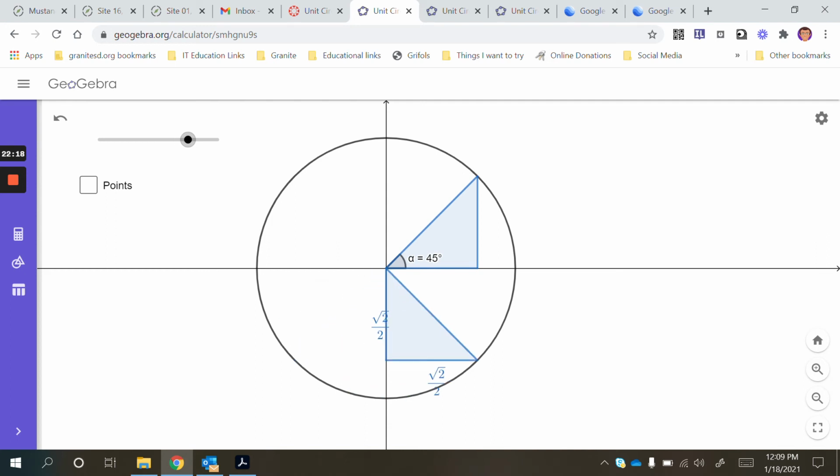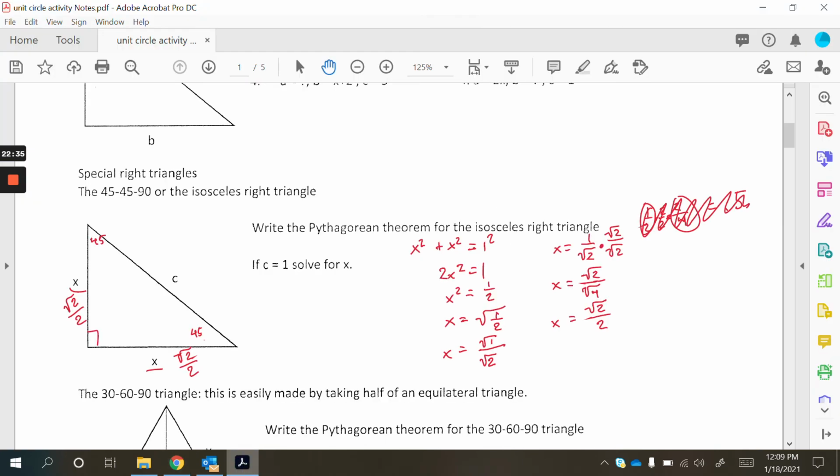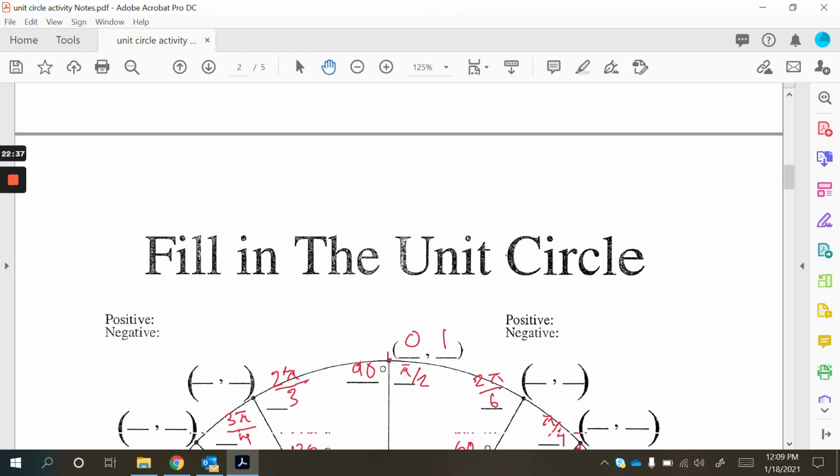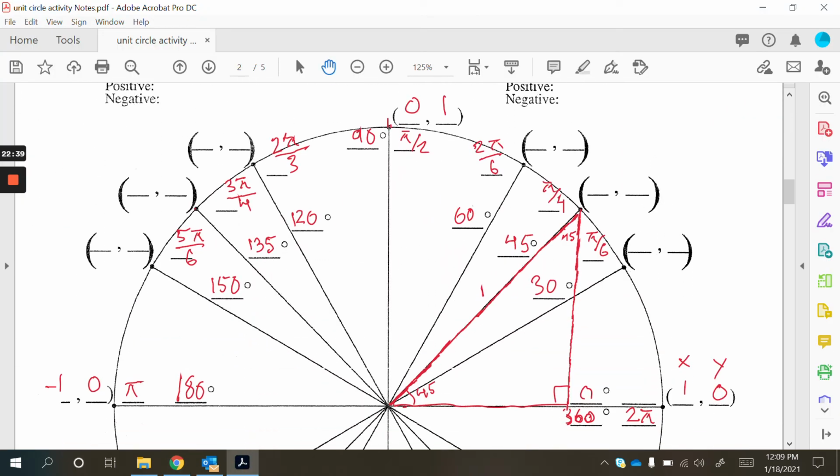We can also get those same numbers there. Now this is going to yield these points where we went forward, square root 2 over 2, and up, square root 2 over 2. Backwards, square root 2 over 2, so a negative, and then up, square root 2 over 2. So let's go ahead and put that into the unit circle.